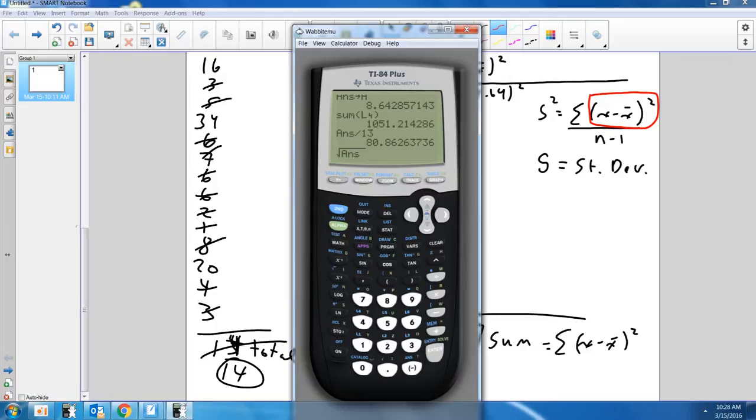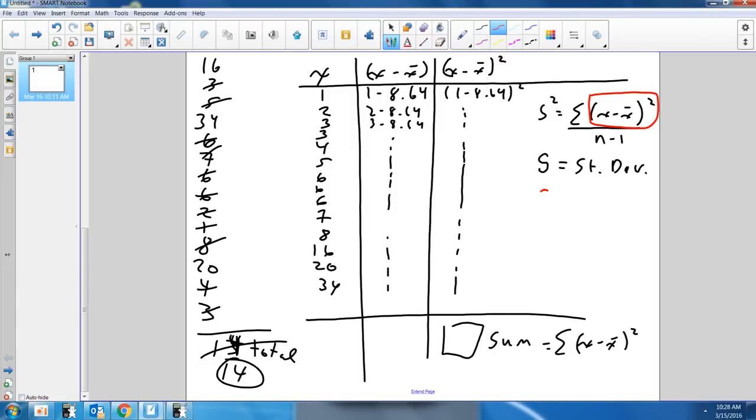Even at the end here, I'm still using the answer in the calculator. And at this point, 8.99 is going to be your magic number, which is going to be S equals 8.99. Meaning, the standard deviation of the list of 14 numbers is going to be 8.99.